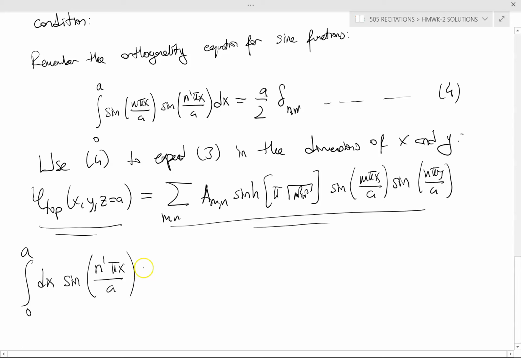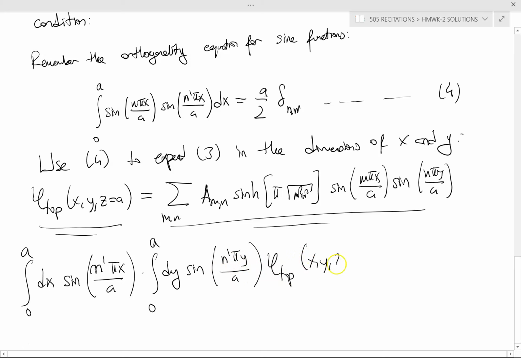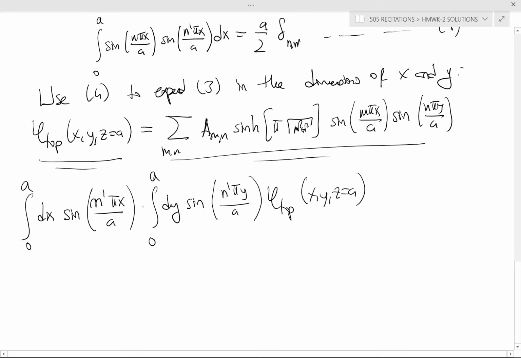And then let me take the integration over the y-axis, sin(n prime pi y over a), and psi top (x, y, z equals a). So I need to take the integration for the other part too, which is now equal to what?